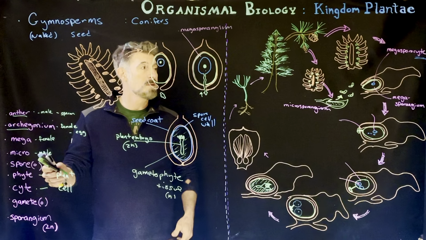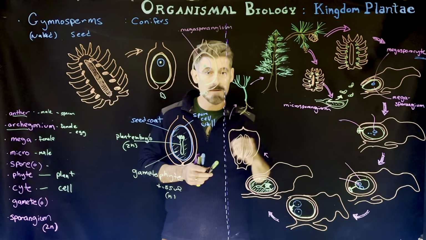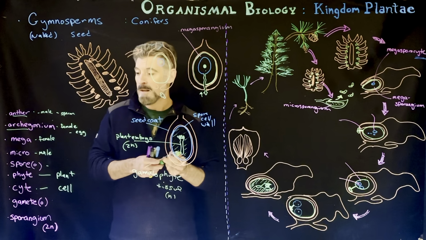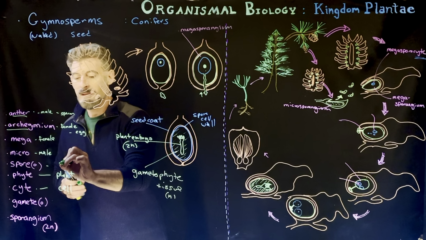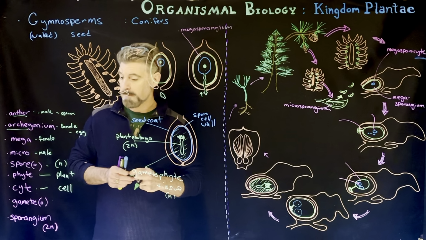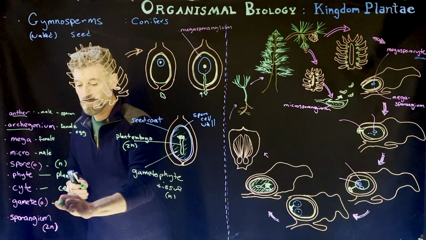The sporocyte is the spore-producing cell, so cells that are going to divide to produce the spores themselves. The spores are going to be haploid structures, generally. Gametes are also going to be haploid structures.